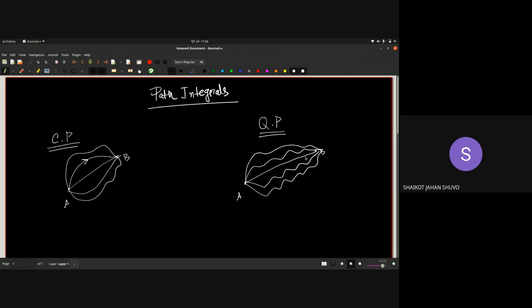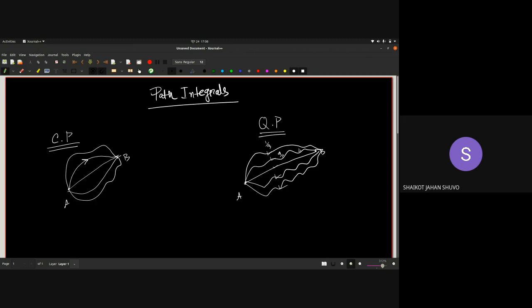But since quantum mechanics or quantum field theory, whatever you want to call it, is a theory of probabilities, right? So each of these paths carry a certain probability. Let's say this carries 1 upon third or something like that. This carries some 4 by 5 or whatever, some number that is between 0 and 1.